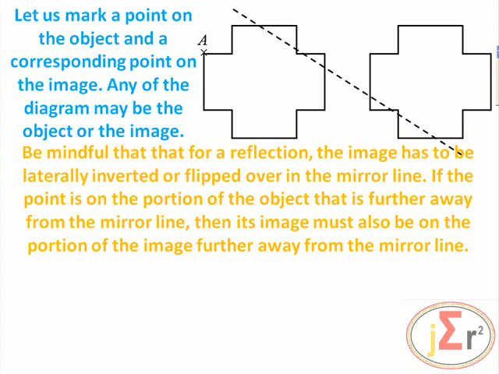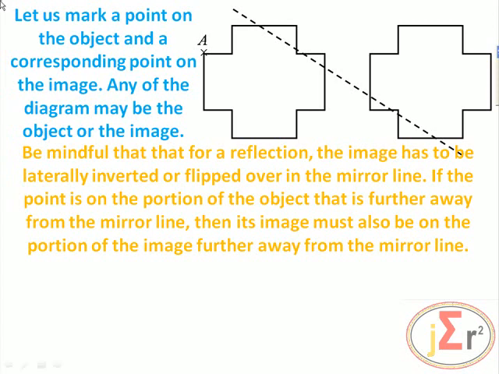Be mindful that for a reflection, the image has to be laterally inverted or flipped over in the mirror line. If the point is on the portion of the object that is further away from the mirror line, then its image must also be on the portion of the image further away from the mirror line.